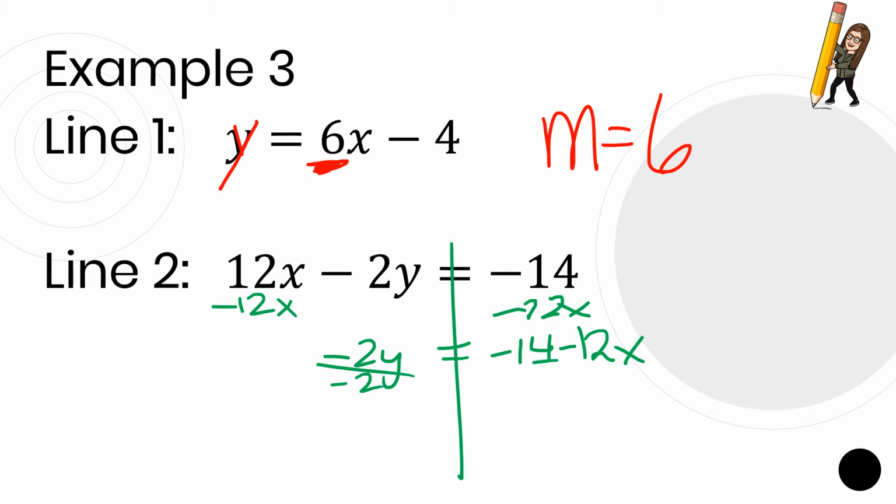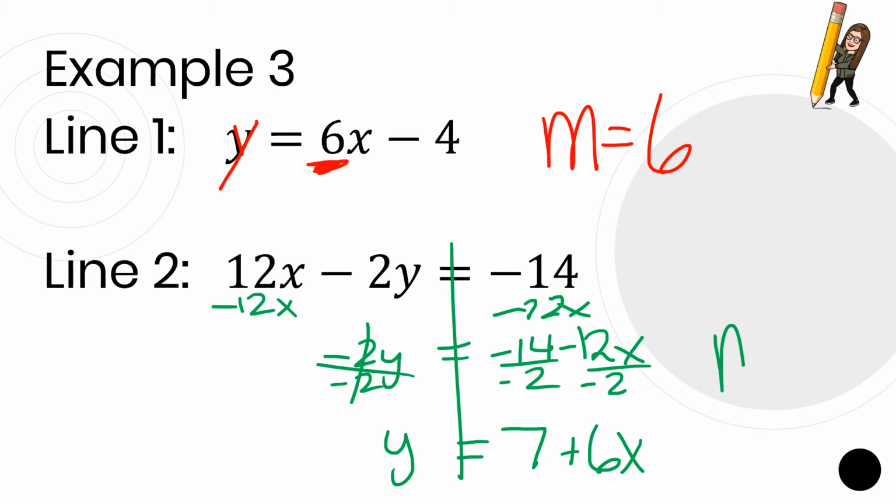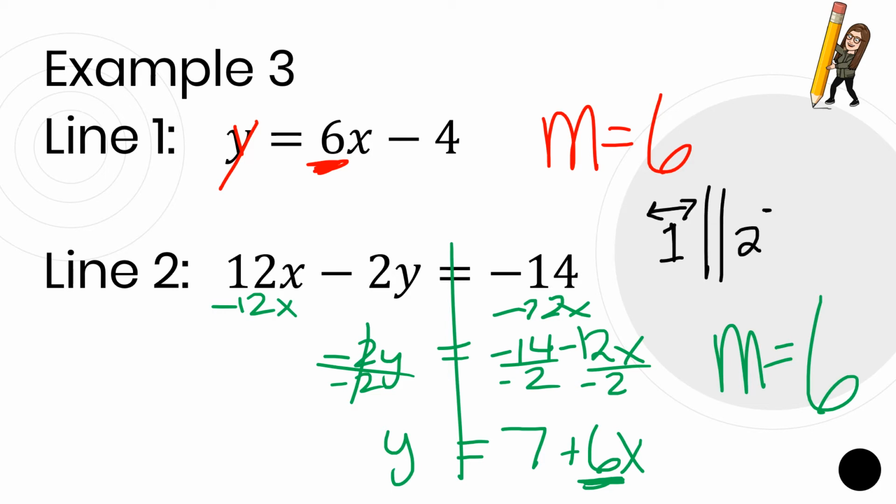Divide every piece by -2. Y equals +7x, +6. If I look at that equation, the value that is my slope is the number in front of x, 6. So we just proved that line 1 is parallel to line 2.